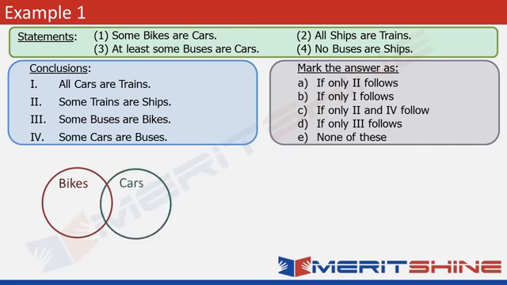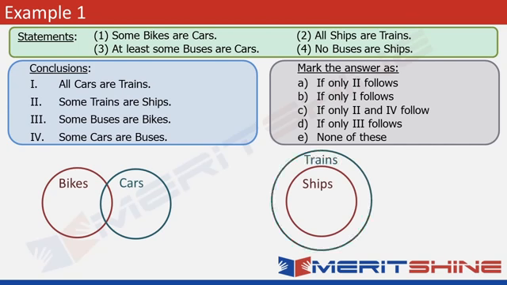Like this. So we just show a partial overlap of cars with bikes, the way we discussed a while back. Forget everything else. Go to the next statement. All ships are trains. So this is not a connected statement. Let's draw it separately. Ships first, and now the trains. Since it uses the word all, ships would be contained within trains. So this is exactly what we discussed.